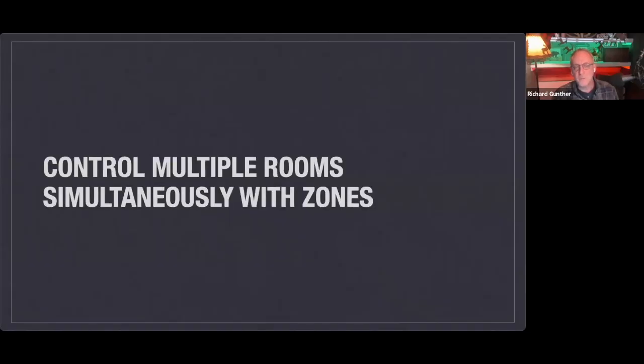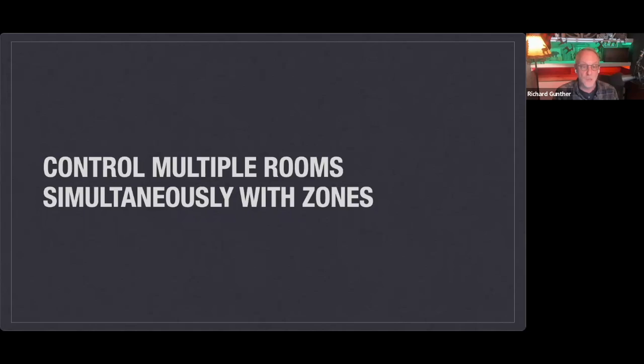There's a concept in Apple Home called zones, and this is really powerful. When I ask my assistant to play music for me, I tell it to play music downstairs. And I've grouped a bunch of rooms under the zone called downstairs. And that lets me automatically play anything to the speakers that are in that room.